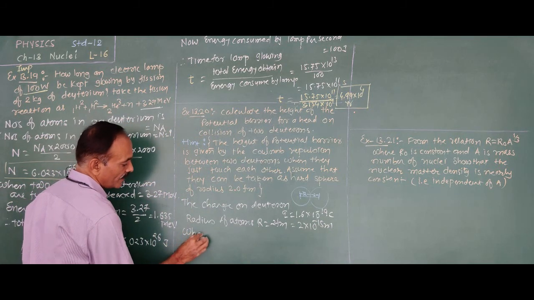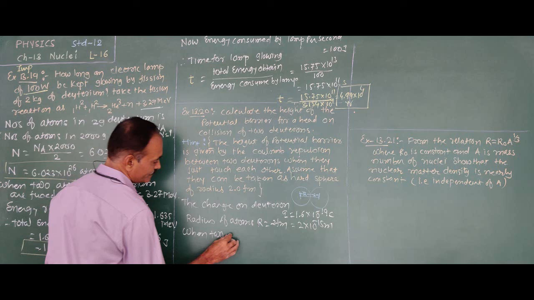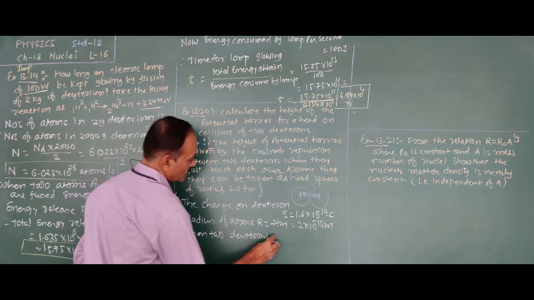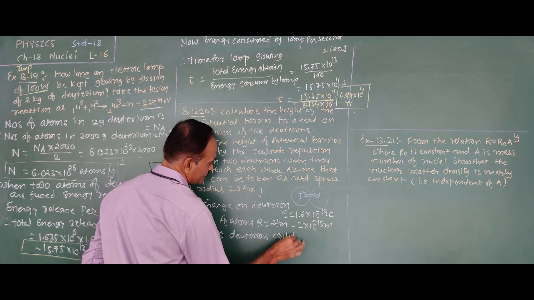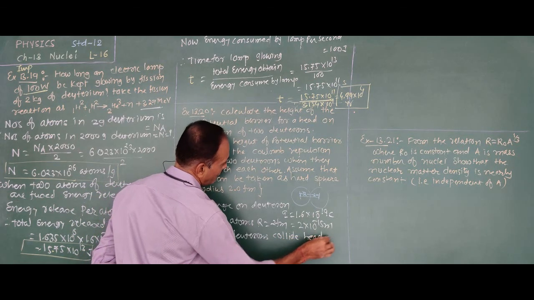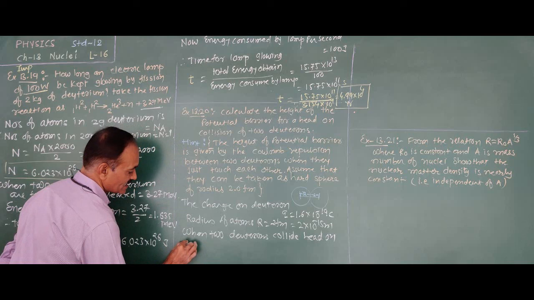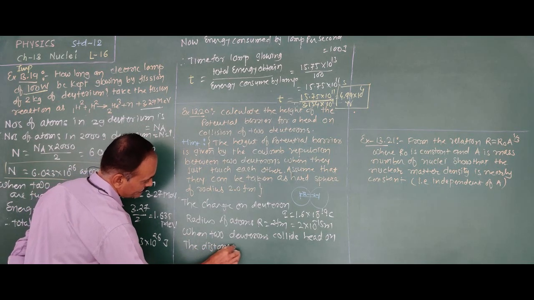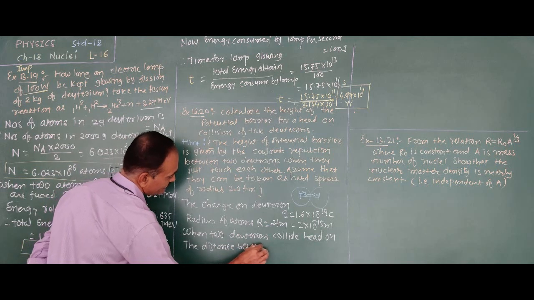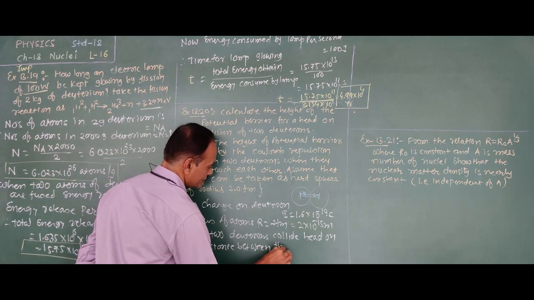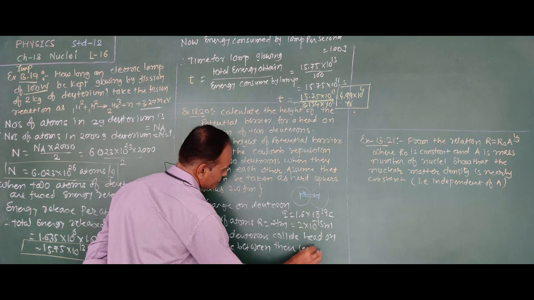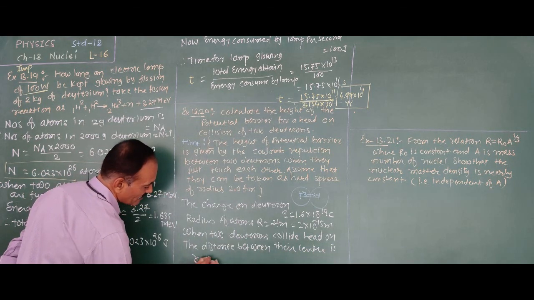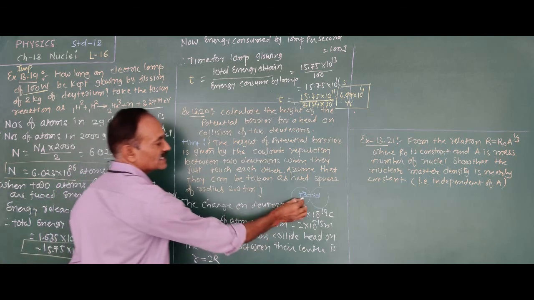When two deuterium collide head on, the distance between their centers is small r is equal to twice of R, like this manner.